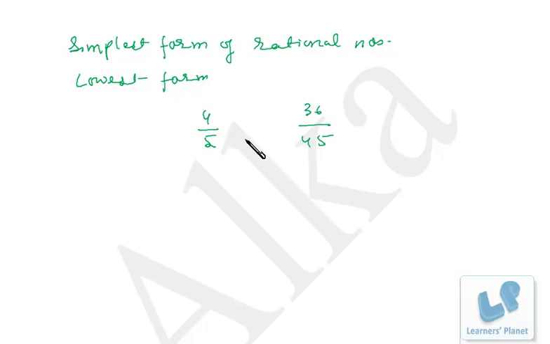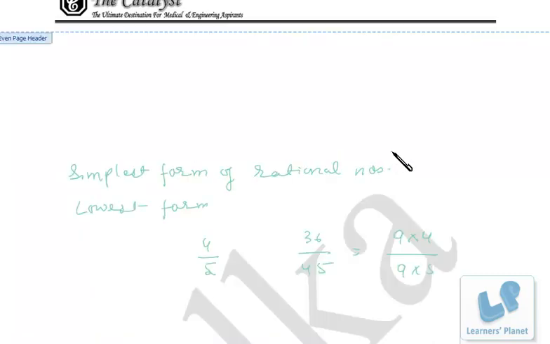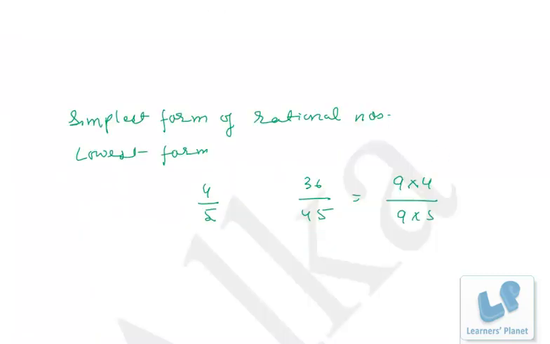Now both of them are the same. Now how could I say that? Because see, 36 can be factorized as 9 into 4 and 45 can be factorized as 9 into 5, right? So in that case 9 is a common factor, so from numerator and denominator it can be cancelled. So further we are getting 4 by 5.